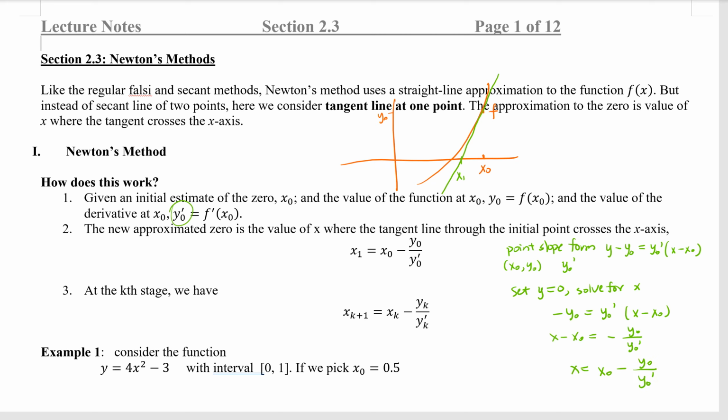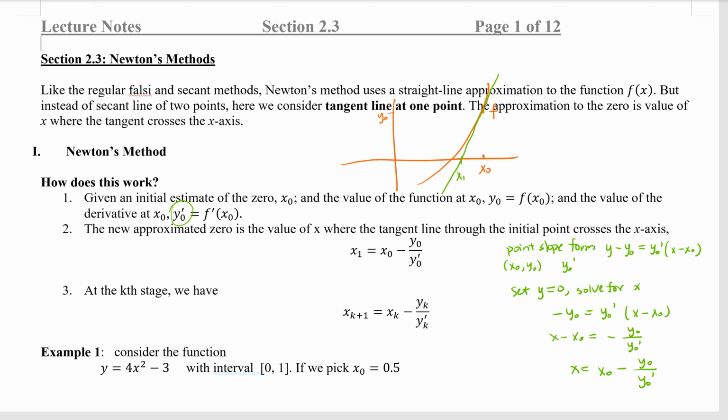So far, so good, everybody? So this is the new approximated 0. And at the k-th stage, we will have x sub k plus 1 equals x sub k minus y sub k over y sub k prime. So far, so good, everybody?